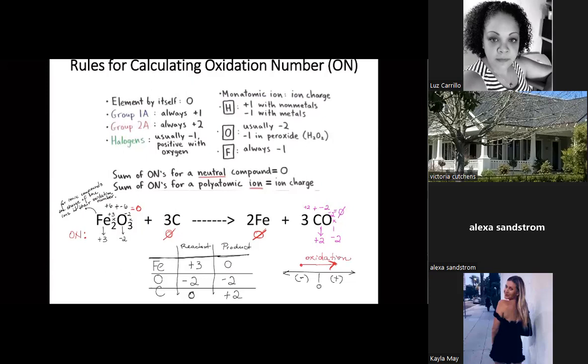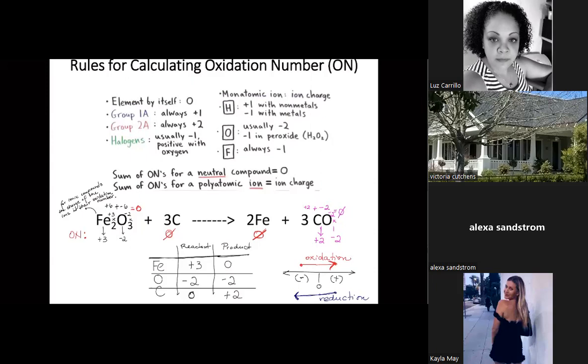When I have atoms that were positive, maybe turn into 0, maybe turn into negative, so when my values are going in this direction, that element is undergoing reduction. And understand that the atoms that undergo oxidation and reduction are in the reactants.